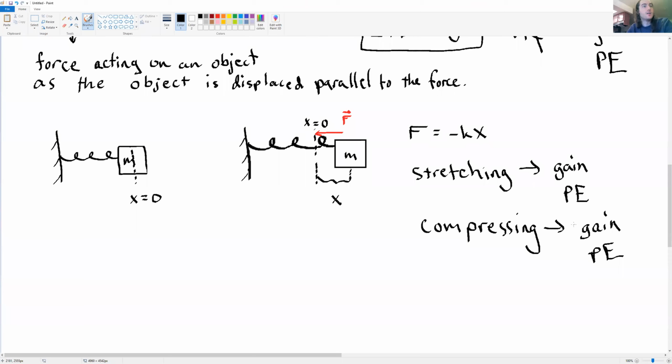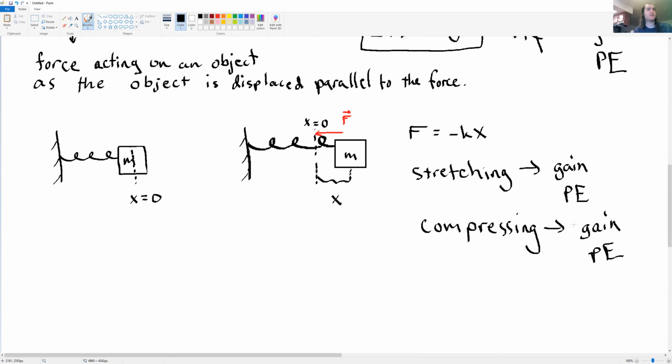Whether I stretch it or compress it, I gain potential energy. And the reason for that is because the force is always opposite to the displacement. So if I displace it to the right, the force is to the left. If I displace it to the left, the force is to the right.